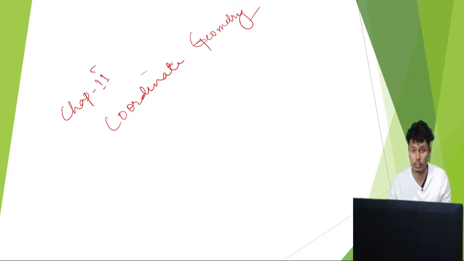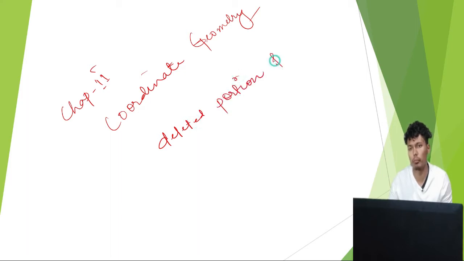Now, before going through this chapter, what we need to understand is the deleted portion for 2021. From this chapter, area of triangle is deleted.